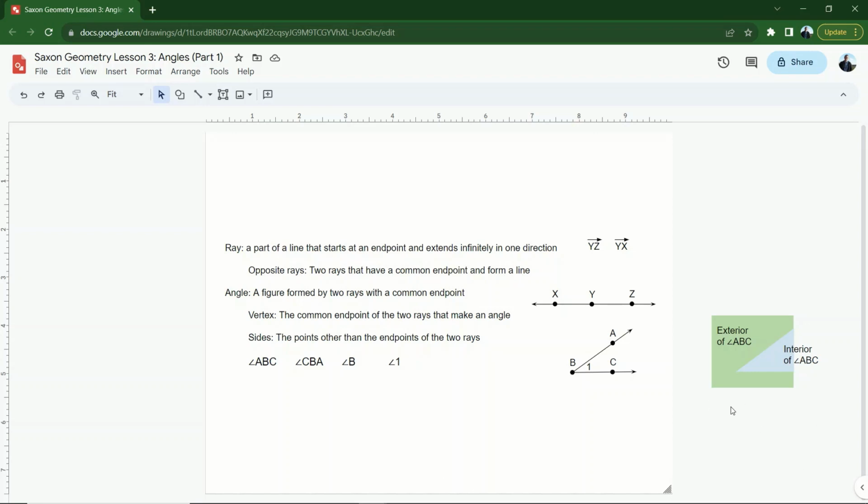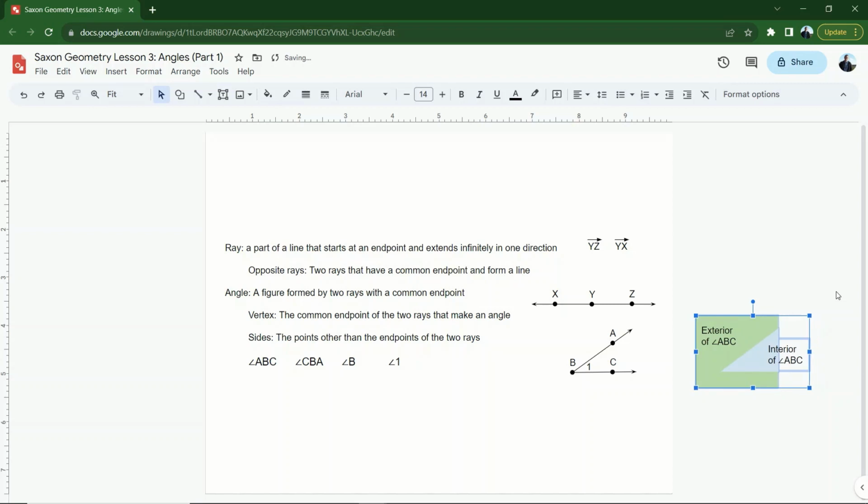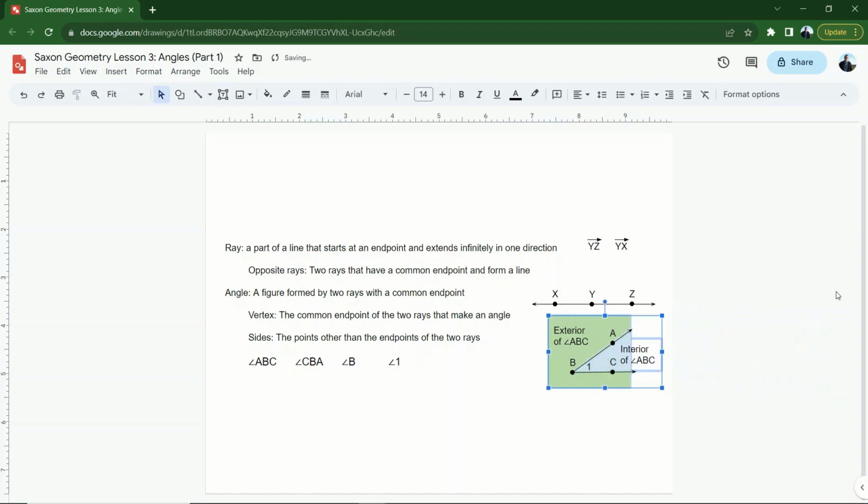Okay, just one other point to make about angles. We would say that any point that is encompassed between the two rays would be the interior of the angle. So I've got here drawn the interior of angle ABC.